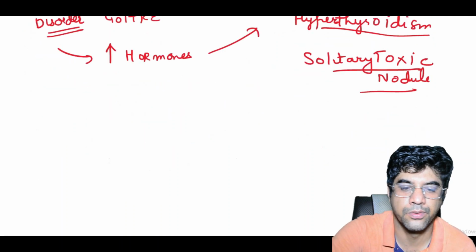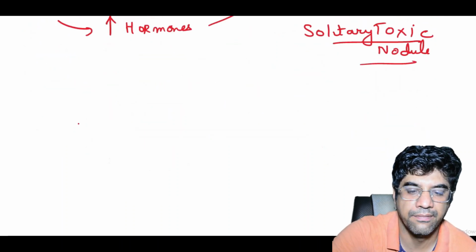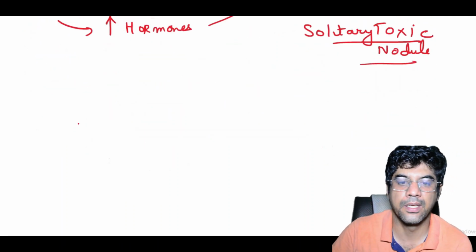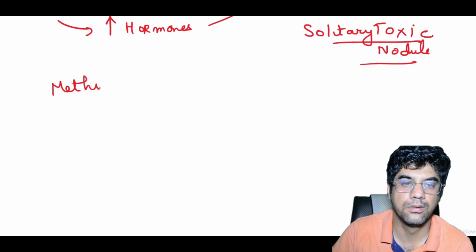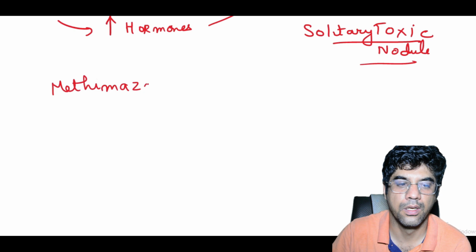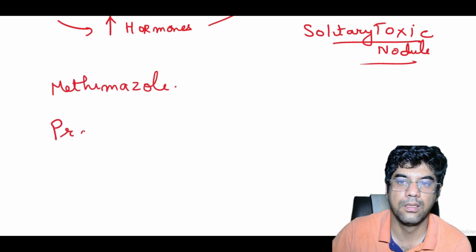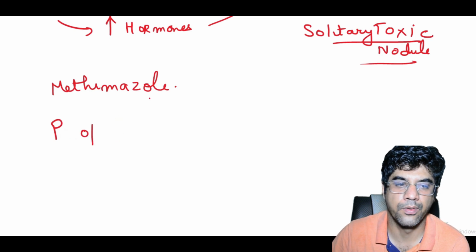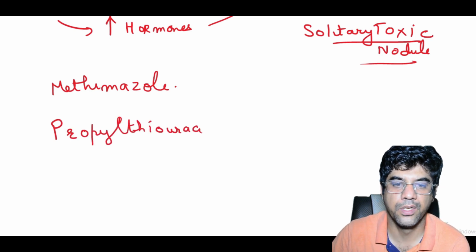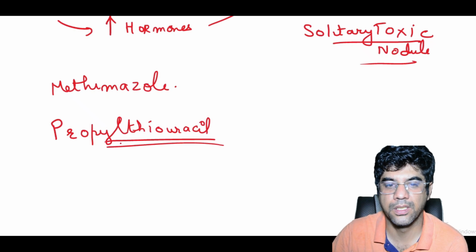Anti-thyroid drugs that you can give, remember, are methimazole, or remember propylthiouracil, that would reduce the thyroid hormone production.